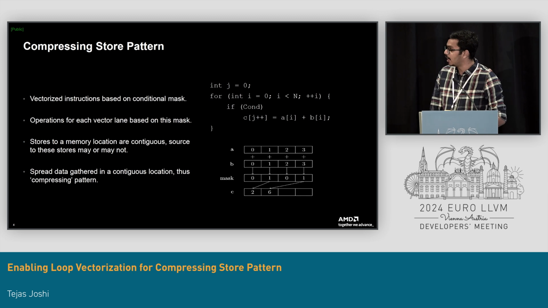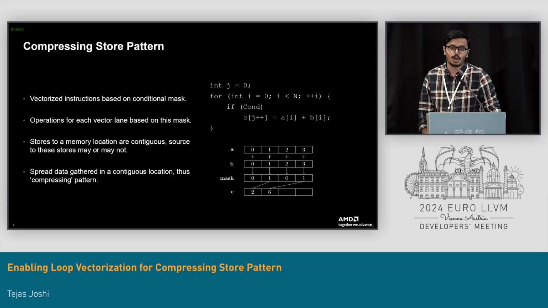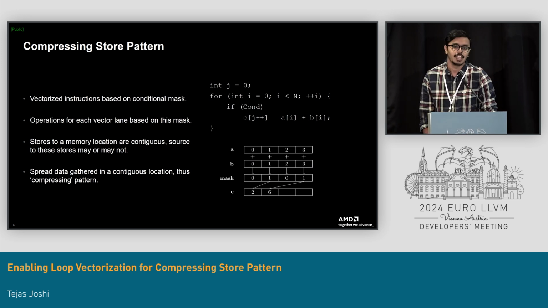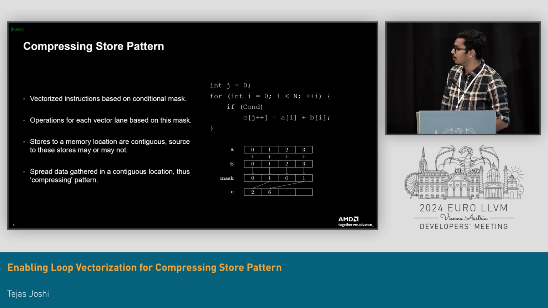Even though the loads from A and B, the operation inside this predicated basic block, may not be contiguous, the stores to C are contiguous. This is a pattern which is not supported yet. For this variable J, we call it a predicated induction variable just because it is incremented in a predicated basic block.